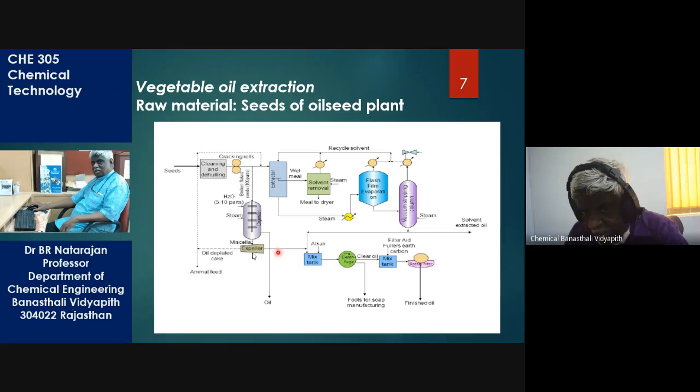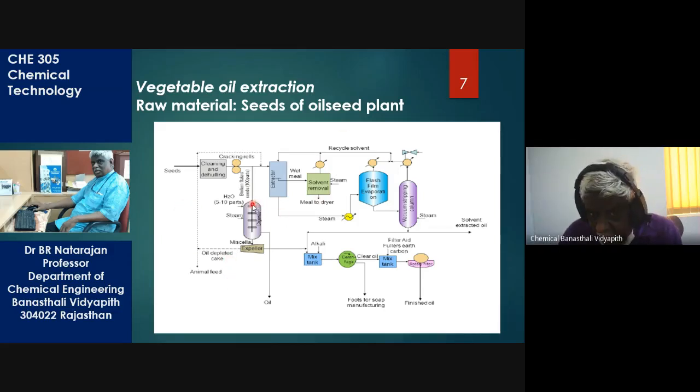Remember, from the expeller, there are two outputs. One is the solid output, which is the cake, which typically goes as animal feed, cattle feed. Or some amount of squeezing can be done to this cake, and some more oil can be extracted.